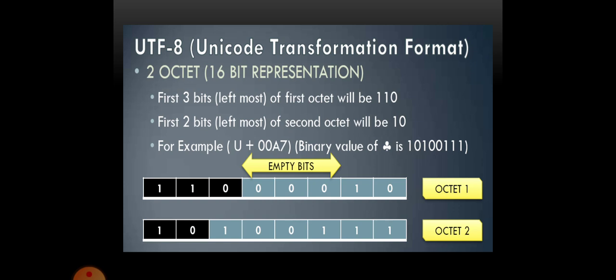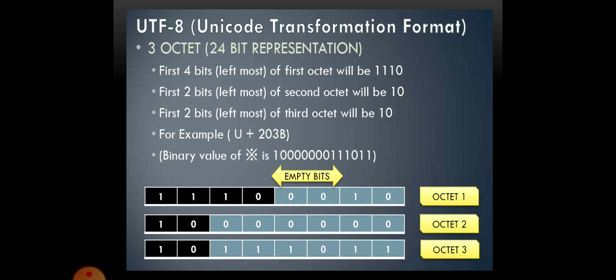For example, if the binary value is 10100110, then the first octet will be 11000010. Then look at the second one, 10. So it will take 2 octets with the same input.